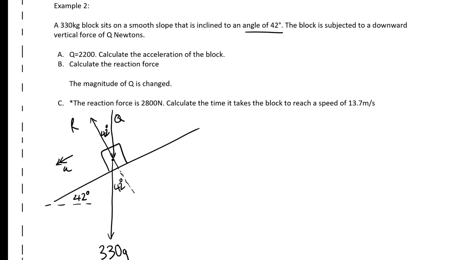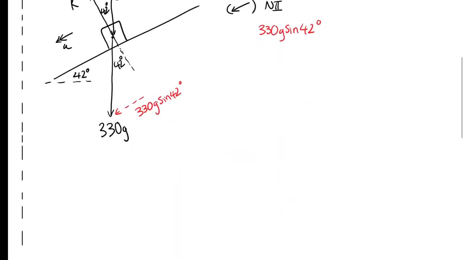So we can resolve forces along the slope, so parallel to it and acting down to follow acceleration, and apply Newton's second law. So we know that this component of weight acts parallel to the slope and down, so that's 330 G sine 42 degrees. So 330 G sine 42 degrees, and then we should break Q down.